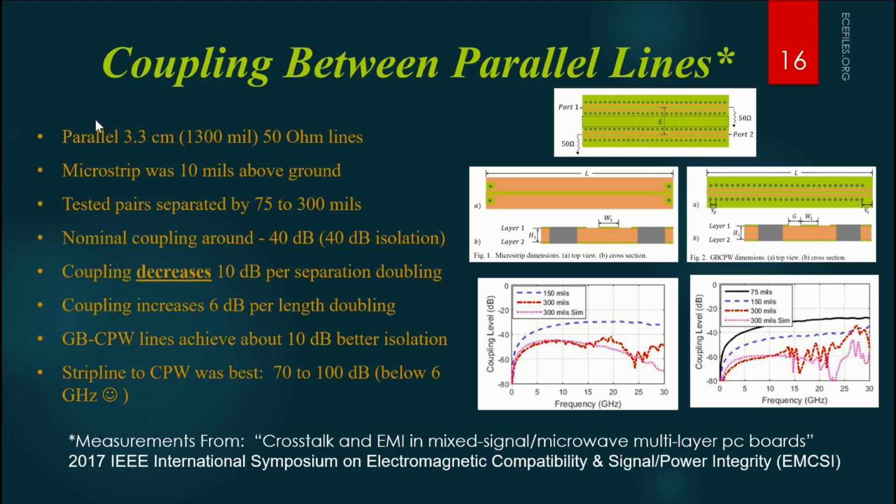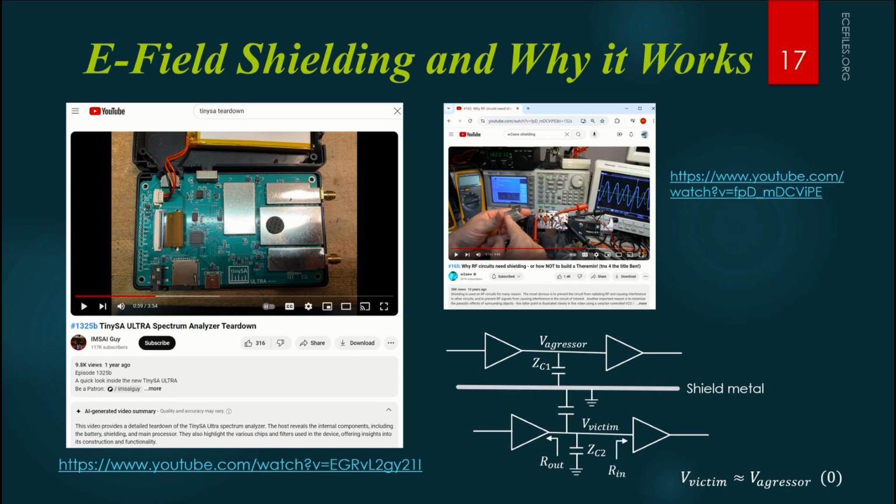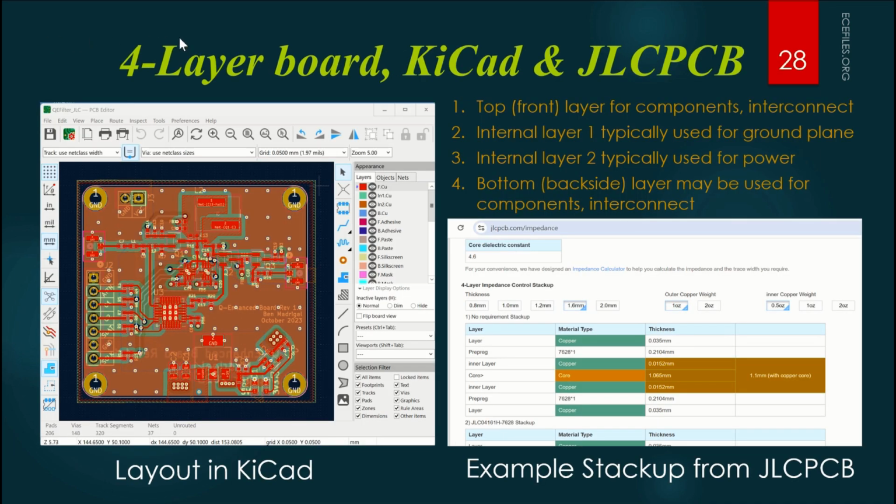We'll also show some examples of traces on circuit boards and how they couple to each other in terms of real-world measurements, and we'll cover this. And then we'll talk about shielding and how that works and why it works. Because if you know why something works, then you can figure out how to make it work in your particular scenario. That's why knowing why really matters. And we'll touch on what we can do with four-layer circuit boards.